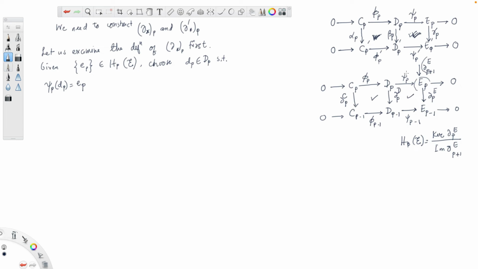And since psi_p is a surjective map, because the first sequence, the top sequence here, is a short exact sequence, and psi_p needs to be an epimorphism, from this we will be able to find an element d_p in the abelian group D_p such that psi_p(d_p) is equal to e_p.